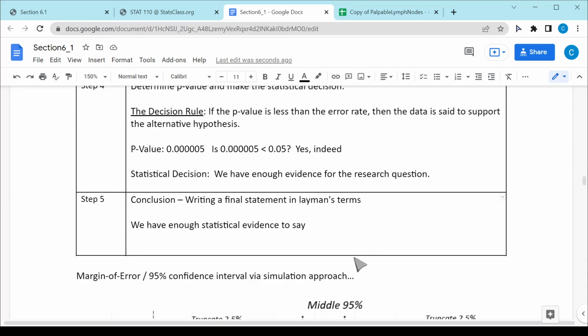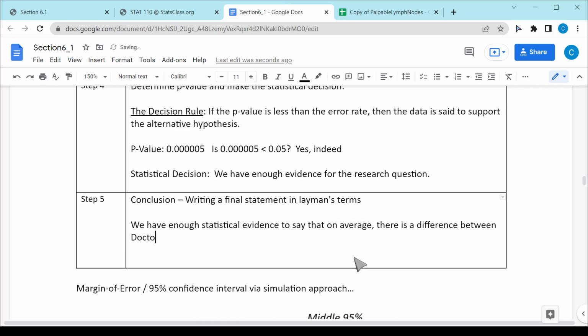So we have enough statistical evidence to say that on average, there is a difference between Dr. A and Dr. B. And then we usually put that p-value at the end there. So p-value equal 1, 2, 3, 4, 5.